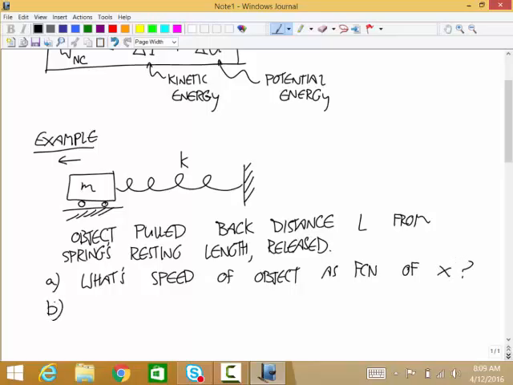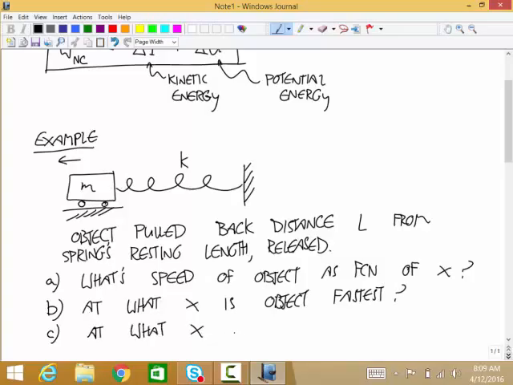And the second thing we want to do is think about at what x is the object moving the fastest. Actually, let's do one more. At what x is the speed 0? Okay.